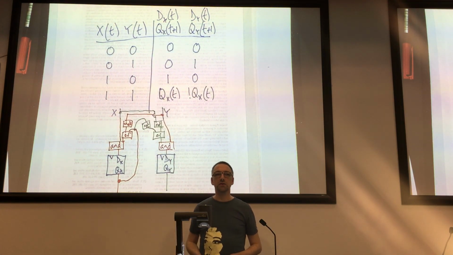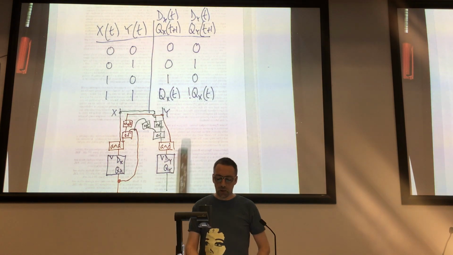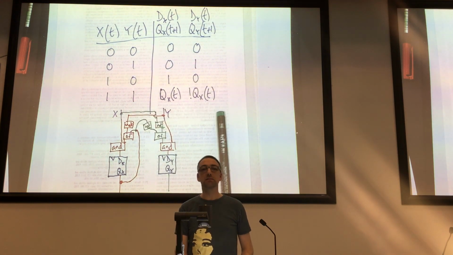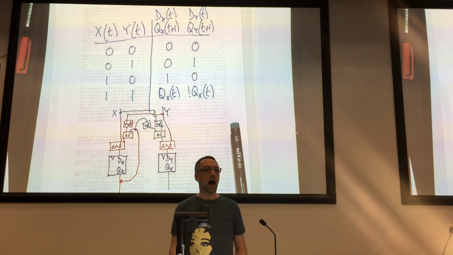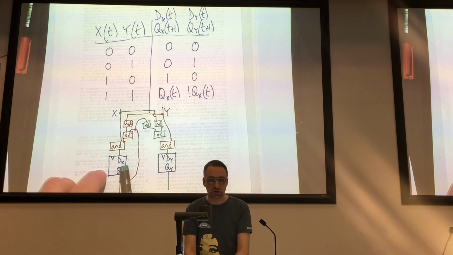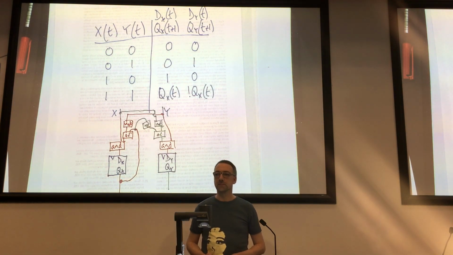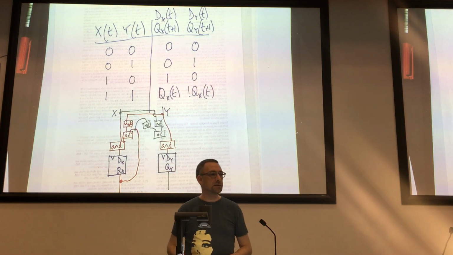So this is how you figure it out. You first of all interpret the rules as the behavior that you want to happen, the behavior that the rules say should happen, and then you figure out what signals you need to send to the controls of the flip-flops to make that behavior happen. So loads of flip-flop questions are like that.